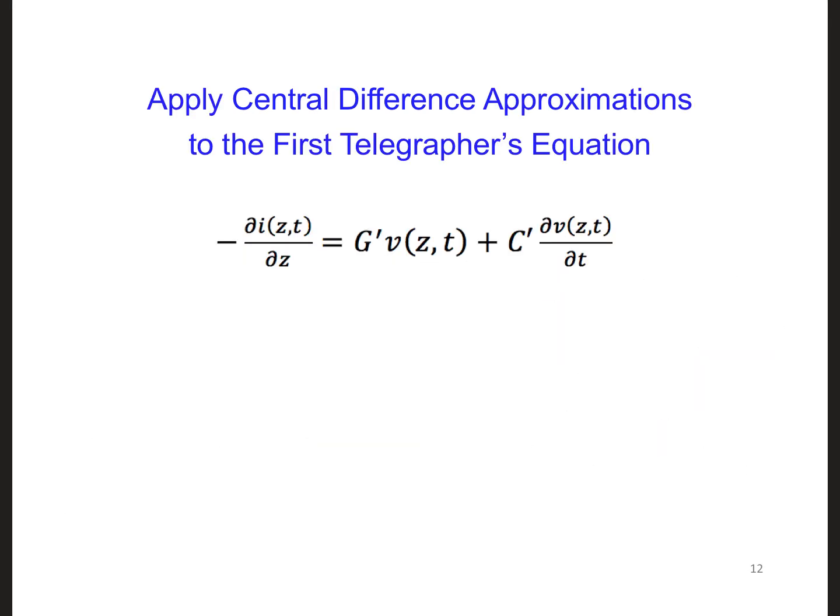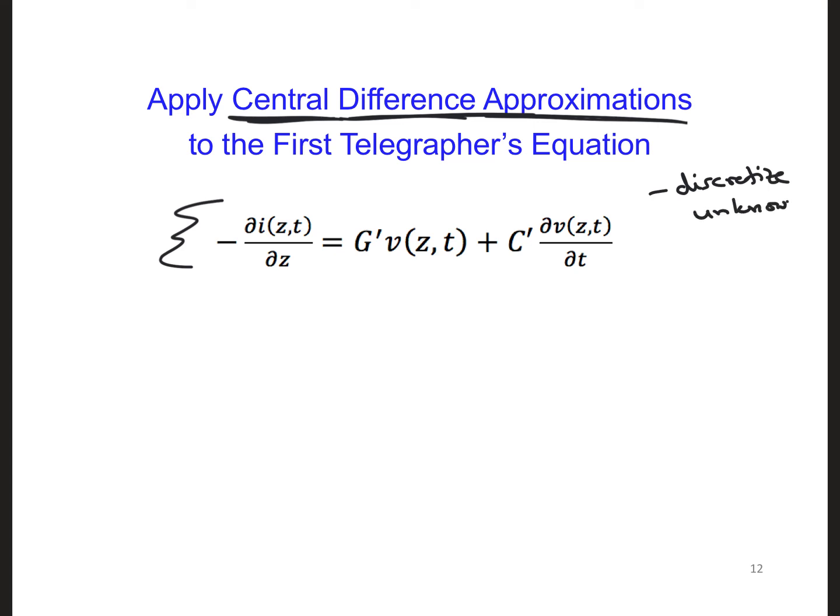So now we need to turn the telegrapher's equations into difference equations. So we're going to use central differencing, and we need to apply that. Here's the first telegrapher's equation. We'll start with just one of them. So we need to do 2 things. We need to discretize the unknowns, being voltage and current.